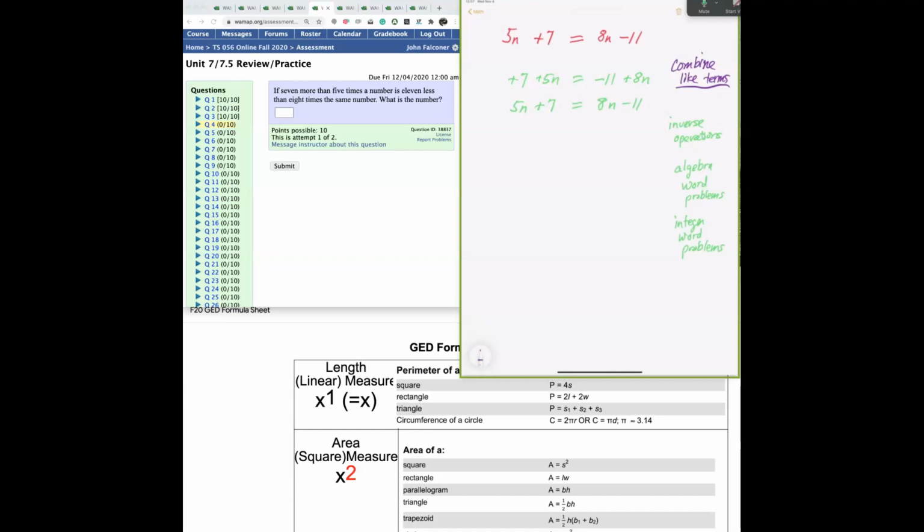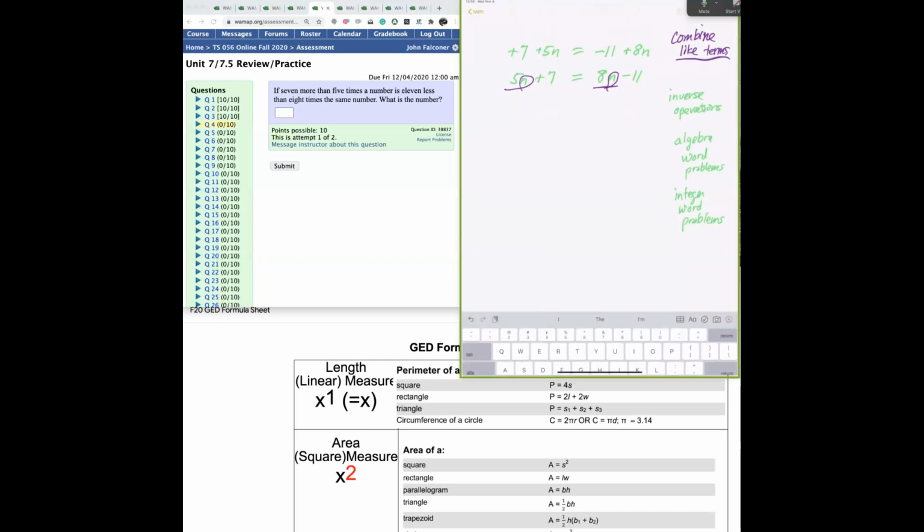You can watch videos in different languages about it or find problems just to solve, and that may help. Anyway, so we've got n's on both sides, right? So we know we can combine anything with an n. We've got 5 of them here and 8 of them here. And then we've got constants or numbers, right? And that's just regular math that we've always done, okay?